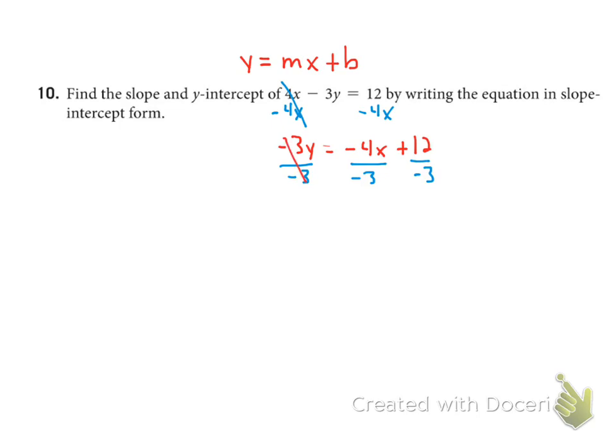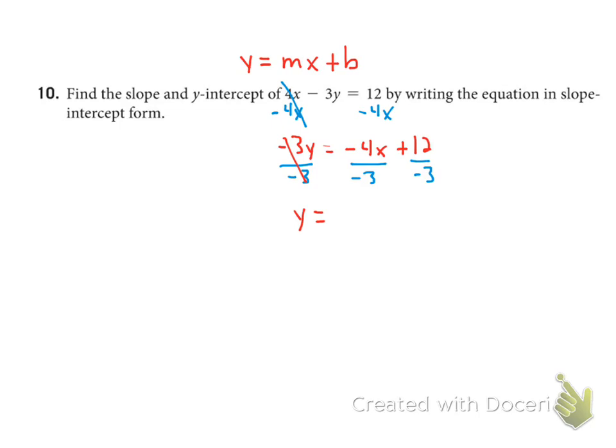So these negative 3's cancel out. And y is equal to, what's negative 4 over negative 3? We can simplify that fraction a little bit. How could we simplify negative 4 over negative 3?